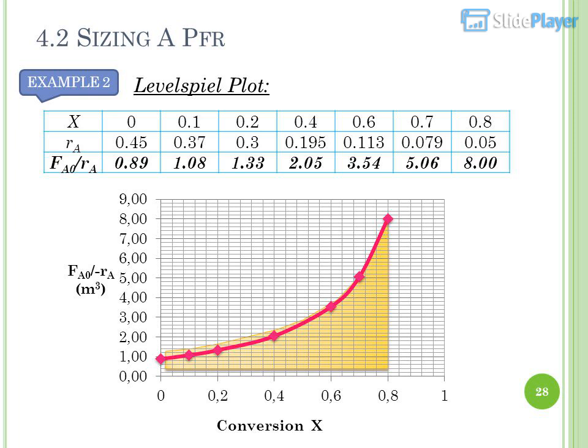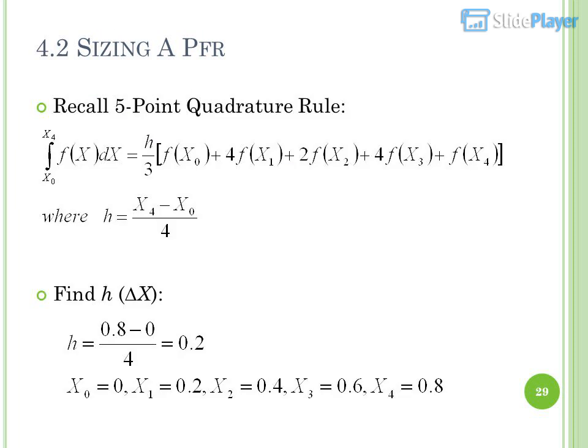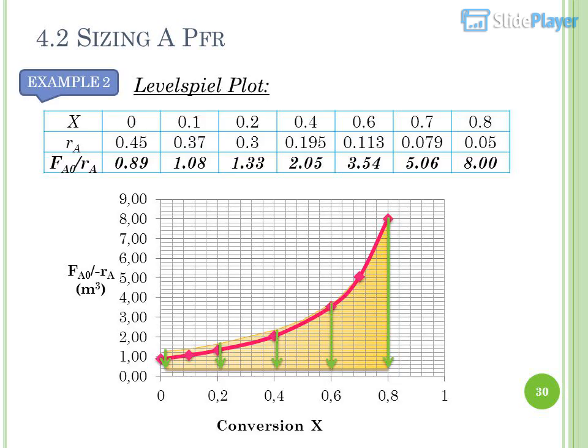FA0/Ra: 0.89, 1.08, 1.33, 2.05, 3.54, 5.06, 8.00. 4.2 Sizing a PFR. Recall the 5-point quadrature rule. Find h, x.